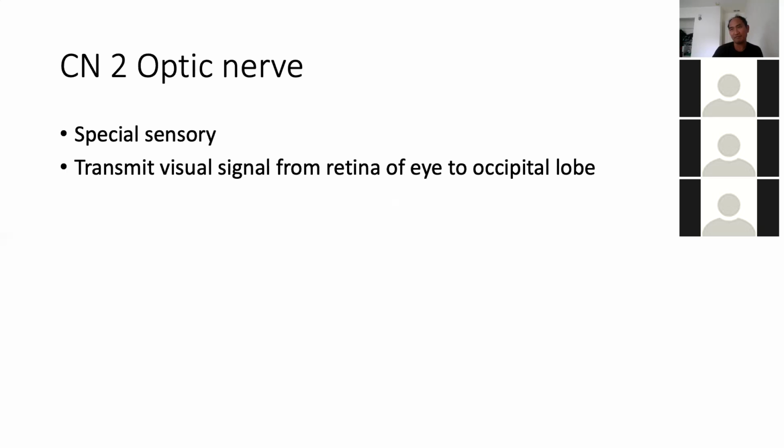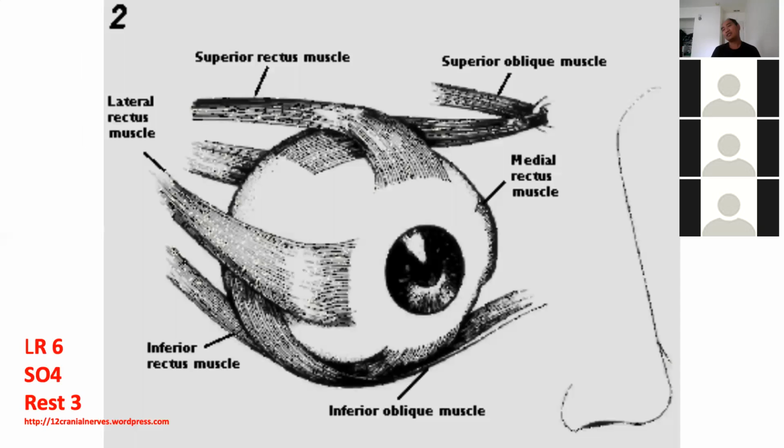Second cranial nerve. Look at this. This is our eye. This is the right eye. This is the nose. Look at the nose here. And this is the right eye. We have taken away everything. This is the pupil. Look at the pupil here. So our eyes have 6 external ocular muscles.